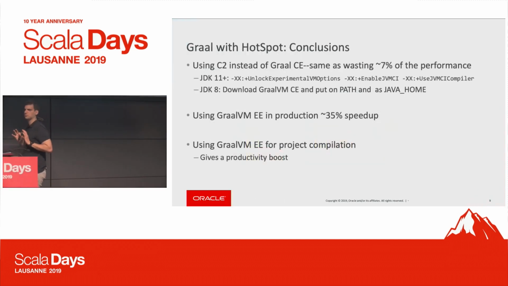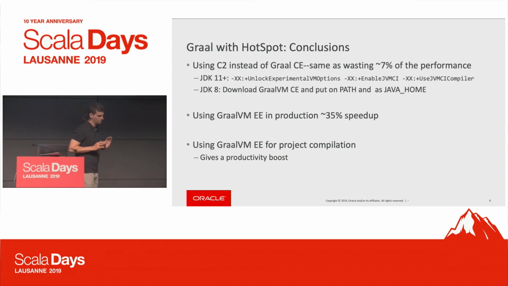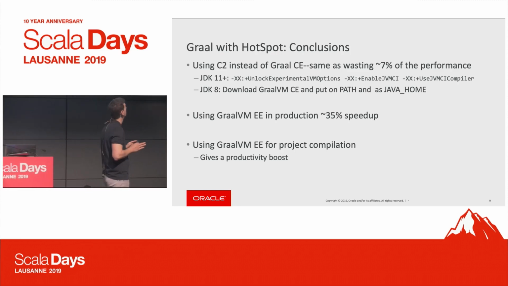This brings me to the conclusion of this first part about Graal, running Scala faster with GraalVM. Using C2, the compiler in Java, instead of Graal is just a waste of time and energy and money, right? You were just wasting 7% of your performance.